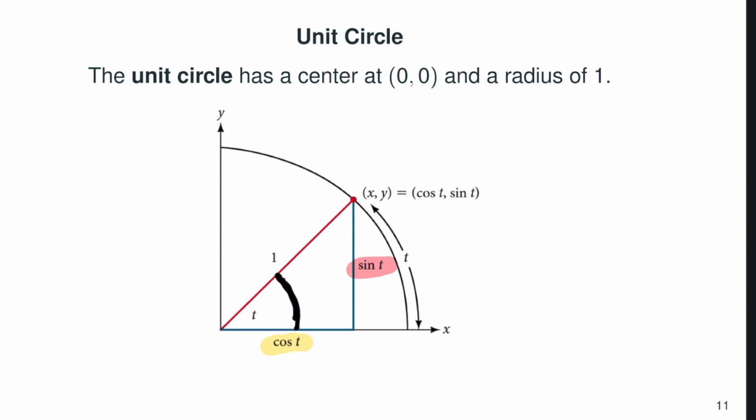When I input this angle to sine, I get this distance, because the angle has this initial ray and this terminal ray. What is this height? That height is the sine of that angle, measured in radius length divided by 1, which is just sine t. That's why the y coordinate is just sine t.